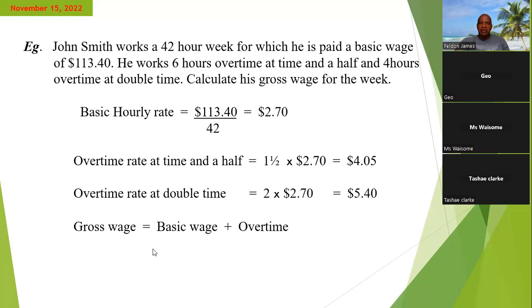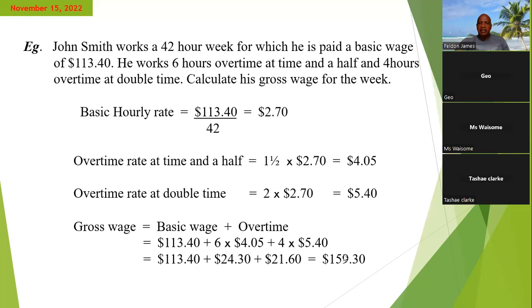So the gross wage is going to be the basic wage. His basic wage was $113.40 plus 6 times $4.05 plus 4 times $5.40.